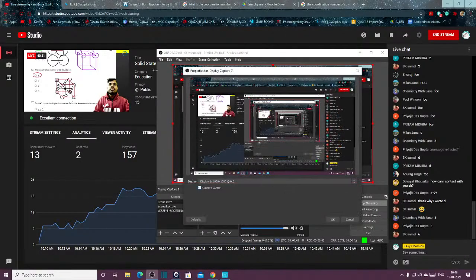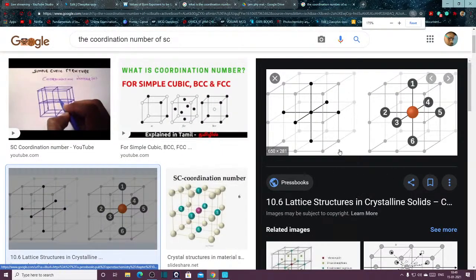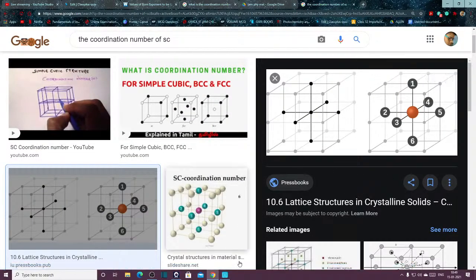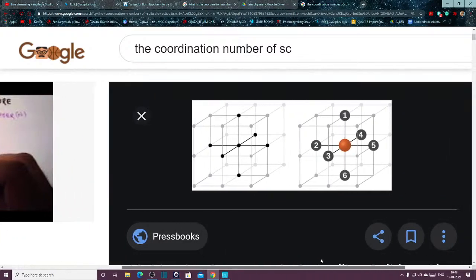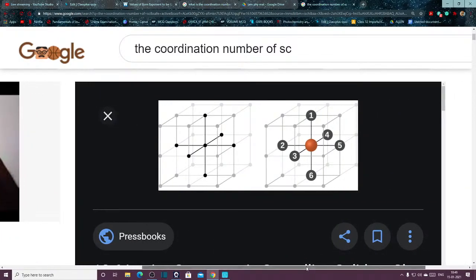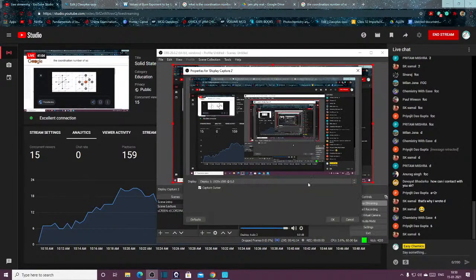Okay, look at this. I am zooming in. Just look at this picture. It will show you how the coordination number of simple cubic is 6. Look at this picture, you will understand everything. Take a screenshot, you have time to see this. Now I am removing this one.